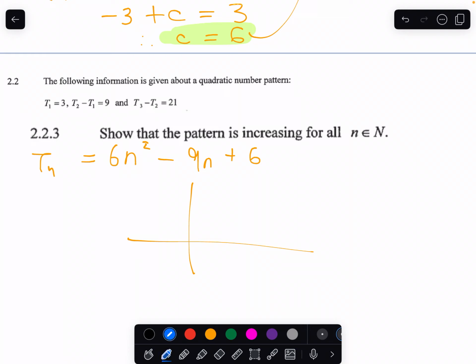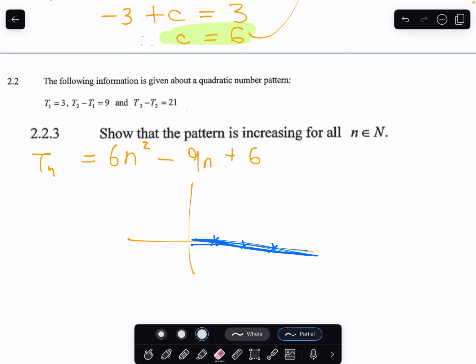Right, so to do that, let's just say hypothetically our Tn, and again we're only interested in this side of the x-axis, and even more specifically only n equal to 1, n equal to 2, but I'm not gonna fuss too much about that. I'm just gonna care about values of n greater than 0 as a start.